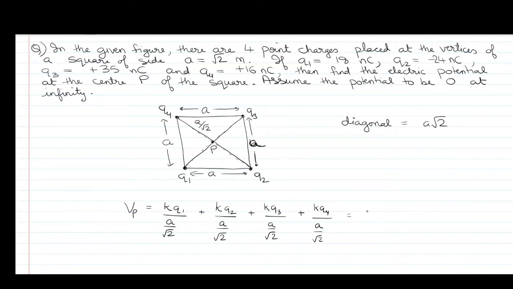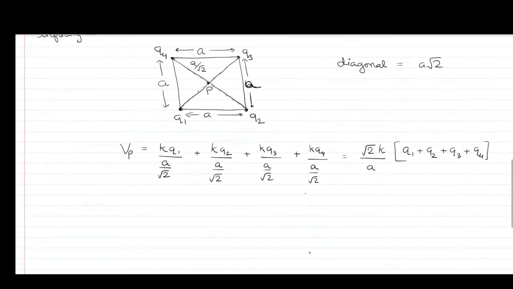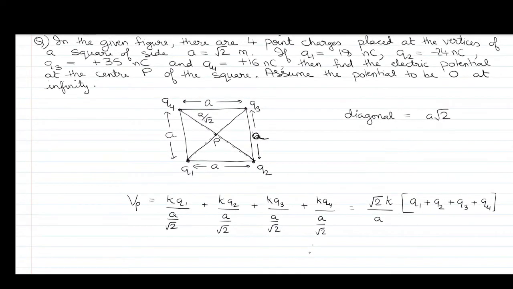So we can take root 2 in the numerator, and a we can take common, k also we can take common. So we will get q1 plus q2 plus q3 plus q4. Now we can see that the values are given.